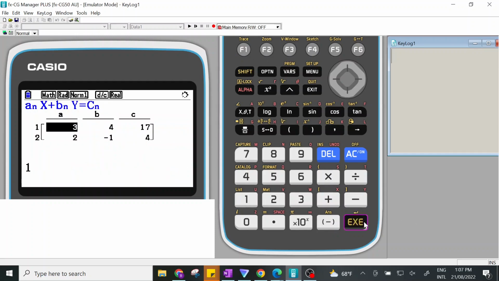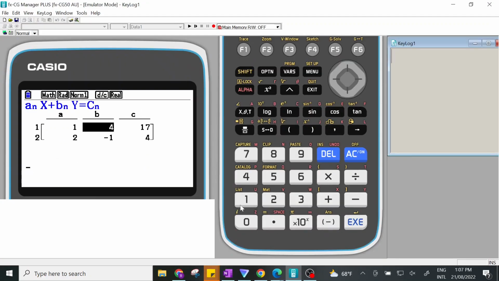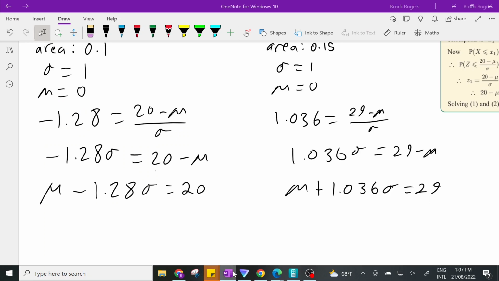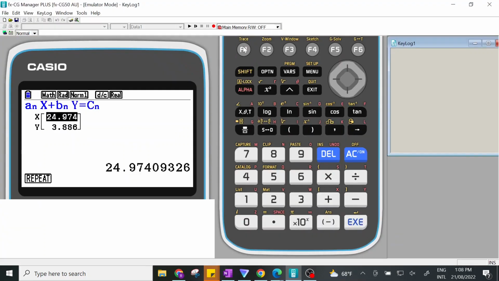We had one mean, and then we had subtract 1.28, equal to 20. We had a mean of 1.036, that was equal to 29. Bam, let's solve this bad boy.